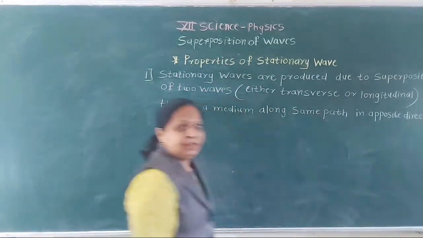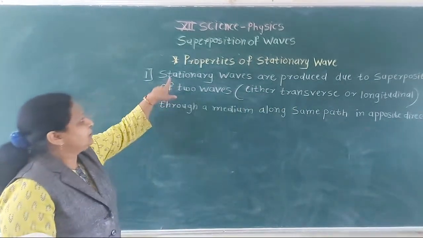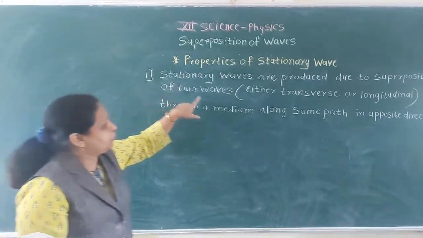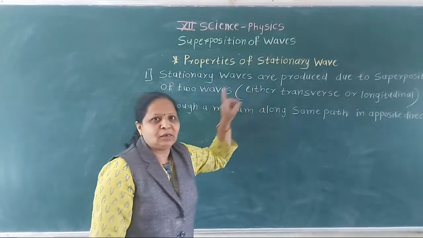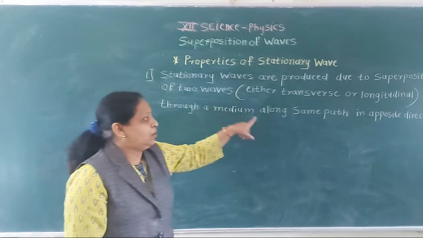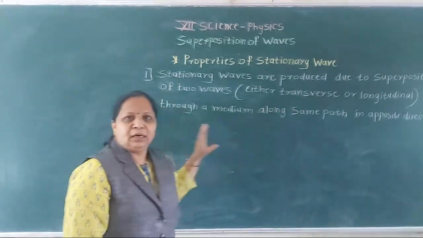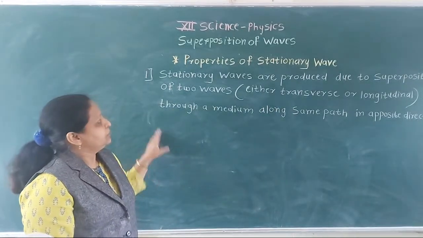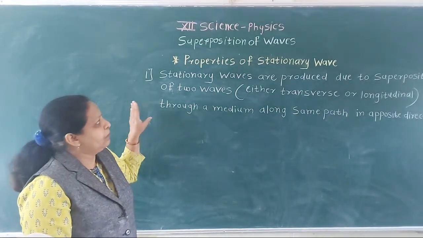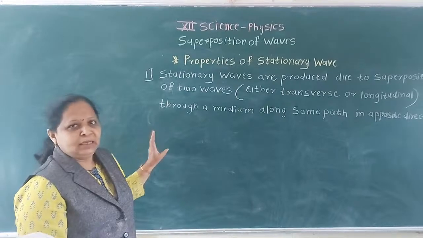So what is the definition of stationary wave? Stationary waves are produced due to superposition of two waves, either transverse or longitudinal waves, through a medium along the same path but in opposite direction. So it is the definition of stationary wave, and it is the first property of stationary wave.